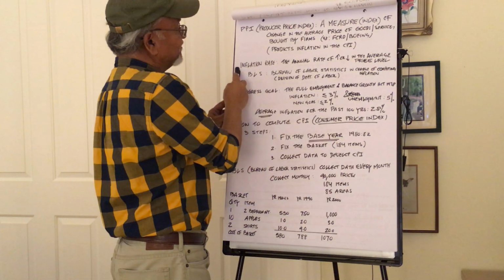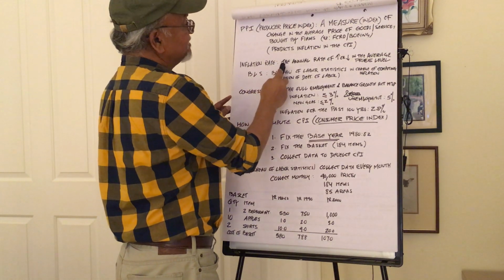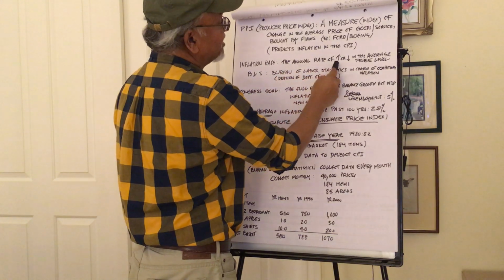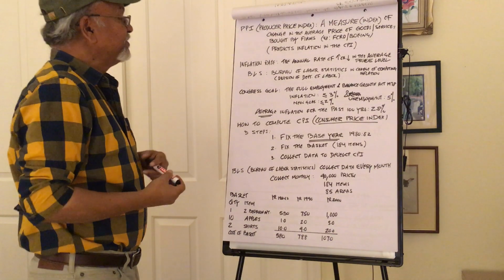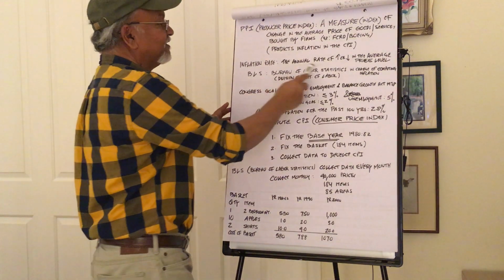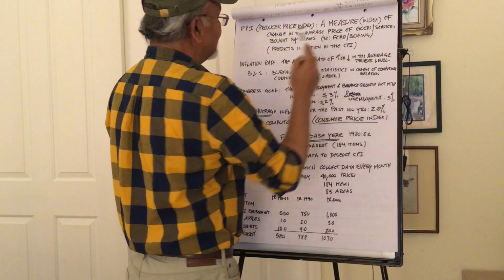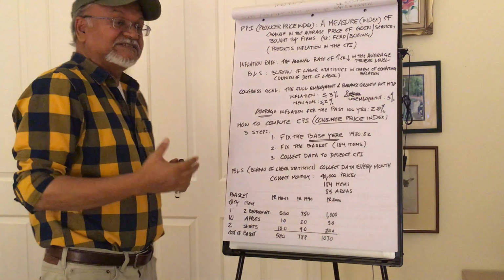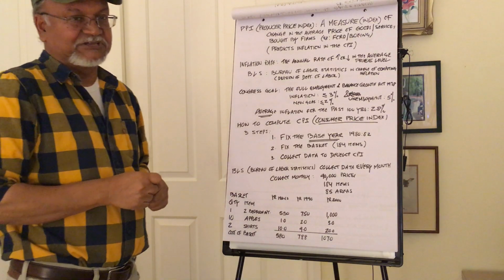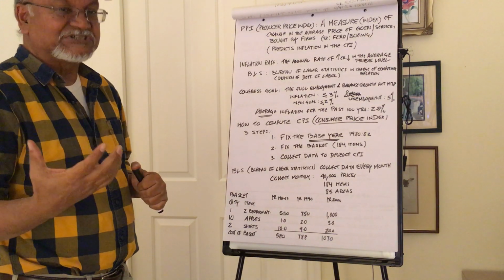So next topic is inflation rate. Inflation rate is the annual rate of increase or decrease in the average price level. The BLS, which stands for Bureau of Labor Statistics, is in charge of computing inflation. Okay, so in the 70s we had very high inflation, and our economy was stagnant.